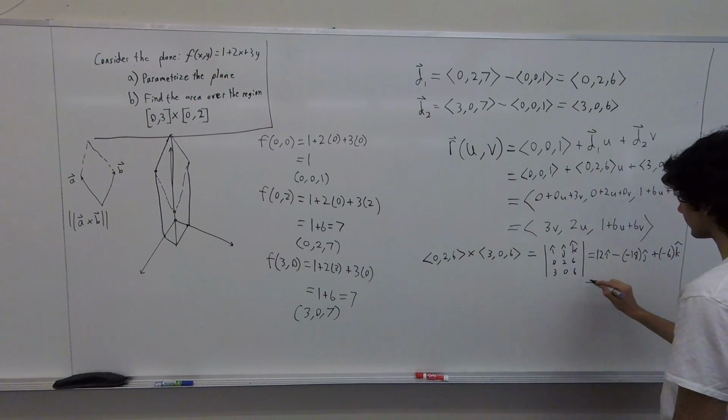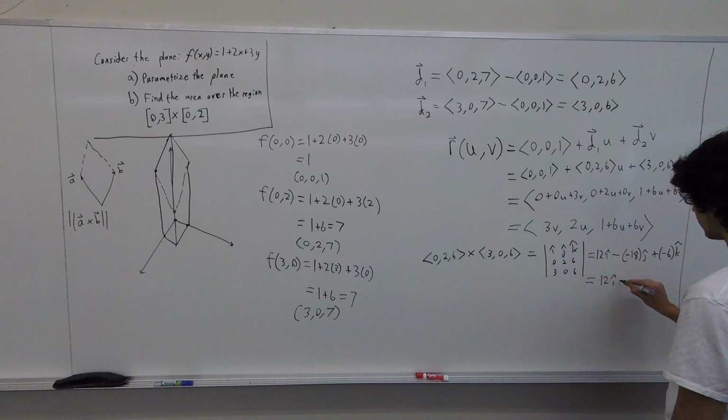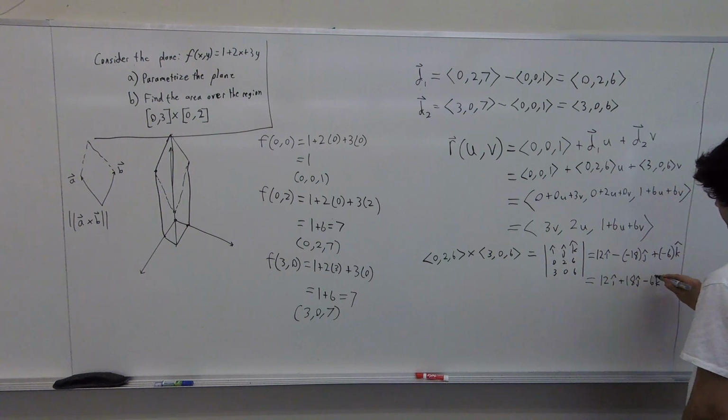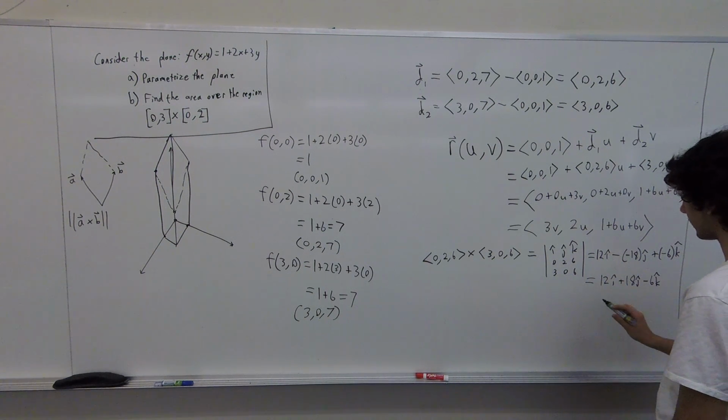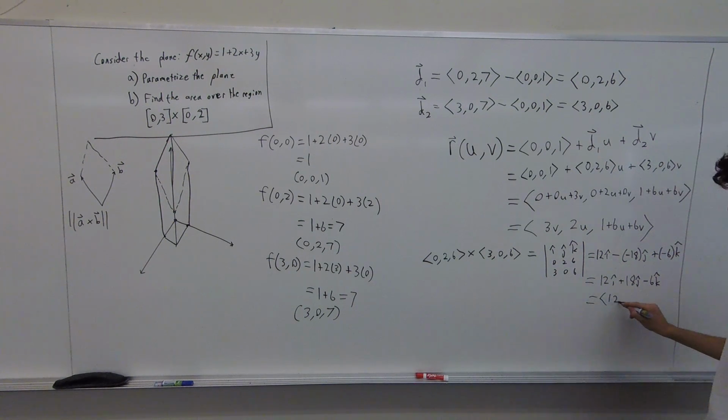And this simplifies to 12i plus 18j minus 6k, which we can just write as a vector, and here's our cross product. Now all we need to do is find the magnitude of this.